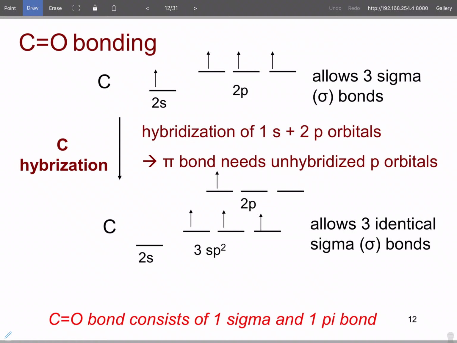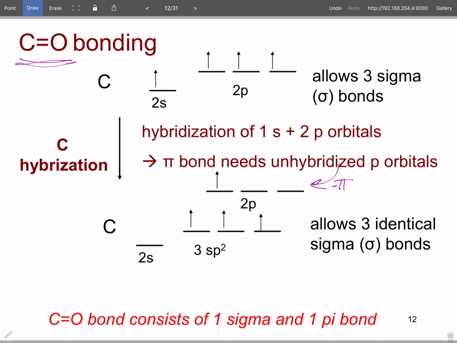Okay, so now let's look at it again, except let's look at it where we involve a double bond. So if we look at our original pop-up where we have 2 S's and 3 P's, then if we have a double bond, we have to leave 1 P unhybridized, because you have to have that for a pi bond.